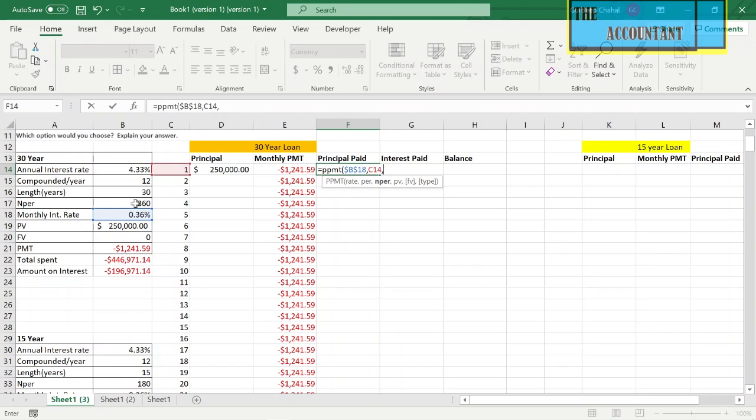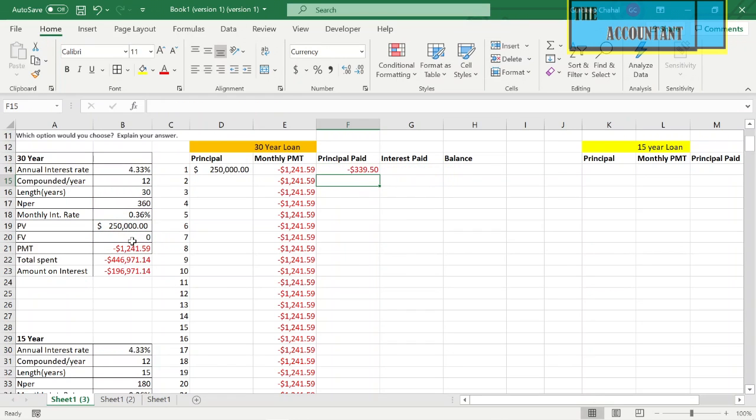The number of periods is this cell right here, so you want to make that absolute. And the present value is right here, so you want to make that absolute, as well as the future value. And it tells you that out of this $1,000 payment, 339 is for principal.